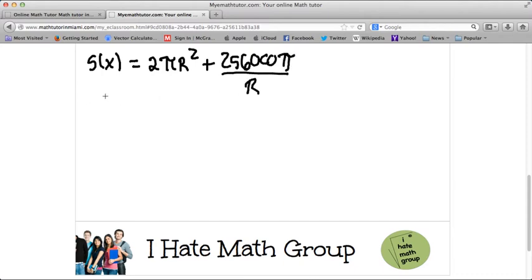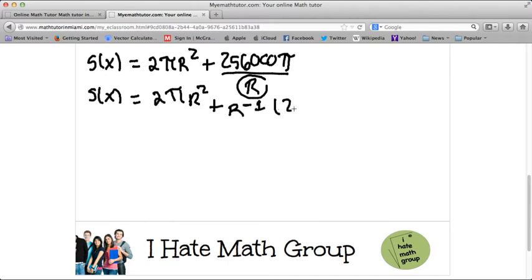Let's find the derivative. I'm going to rewrite it to make this easier: 2 pi r squared, and I'll put the r on top, so this is r to the negative 1 times 256,000 pi. Now, let's do the derivative.